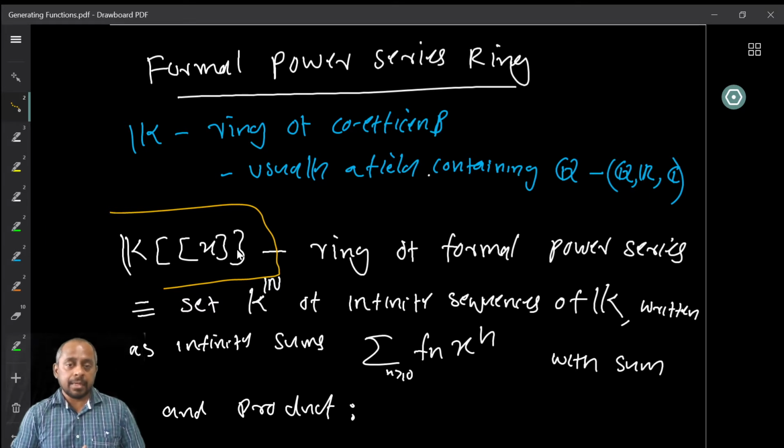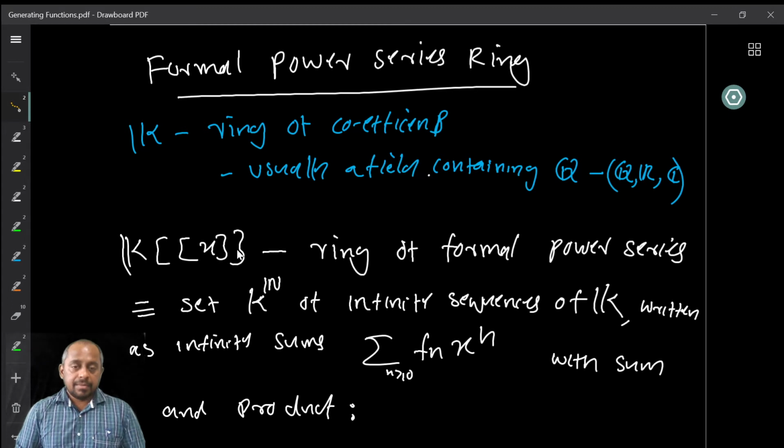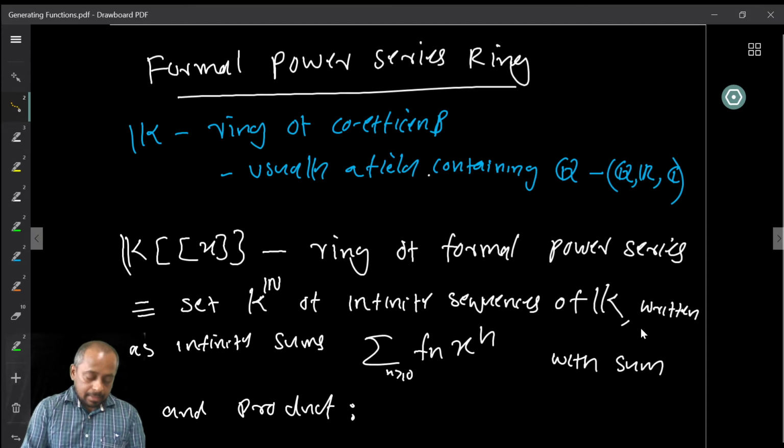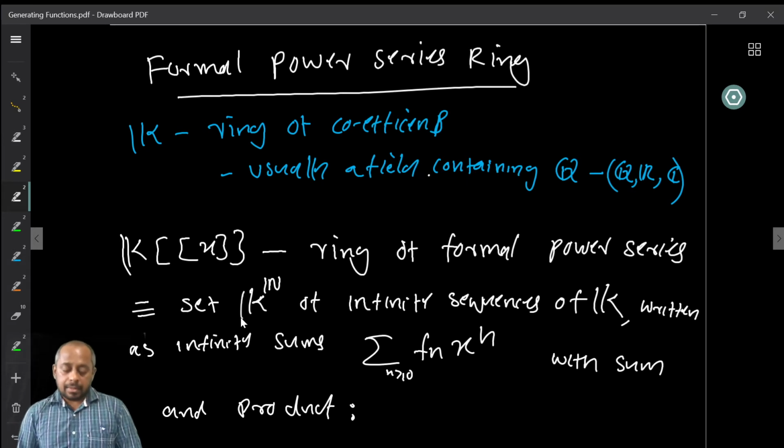We are looking at the one variable case. So this is the ring of formal power series, which is basically equivalent to the set of infinite sequences of K, K raised to natural number n, written as infinite sums.